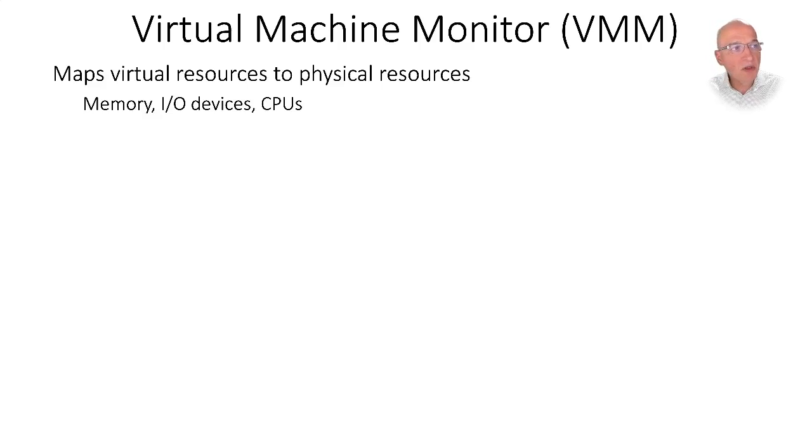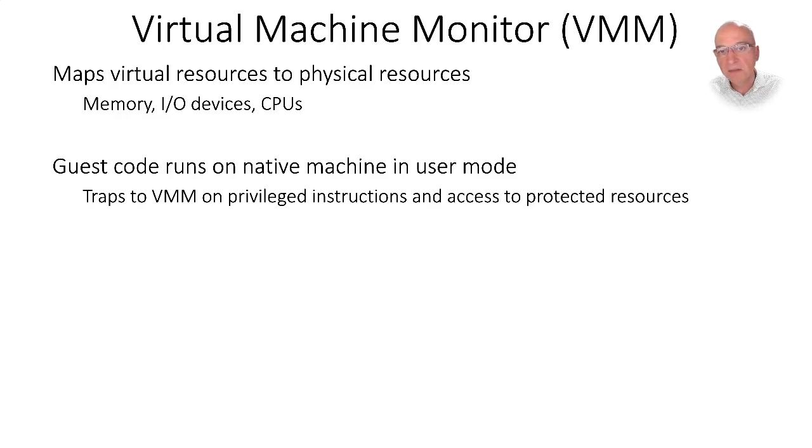A virtual machine monitor will be mapping the virtual resources to physical resources. So your virtual machine must have access to memory, to I/O devices, to CPUs, etc. And this monitor will provide this access. So the guest code will run on the native machine in user mode. And then I will trap to the virtual machine monitor whenever any privileged instruction is executed, and it will access protected resources.